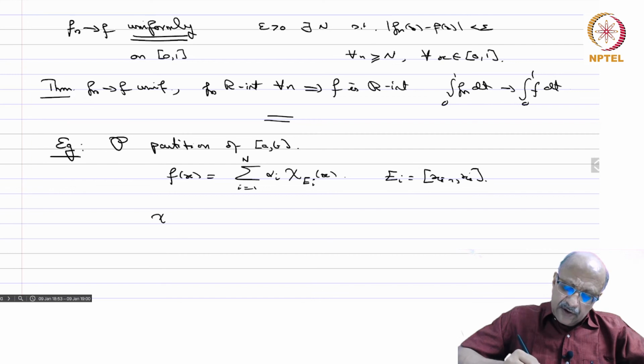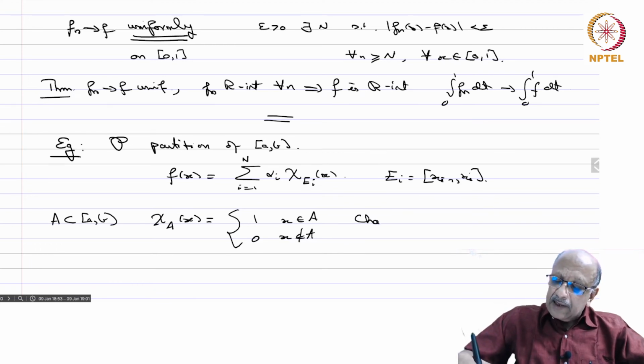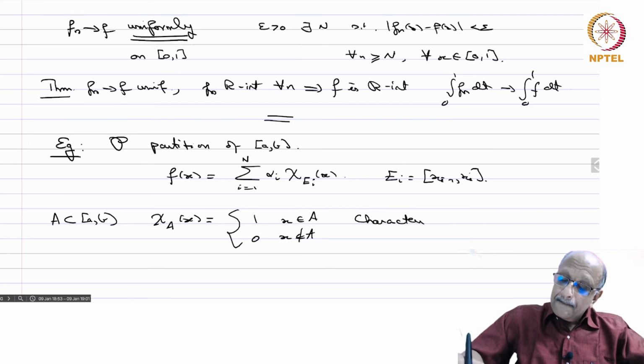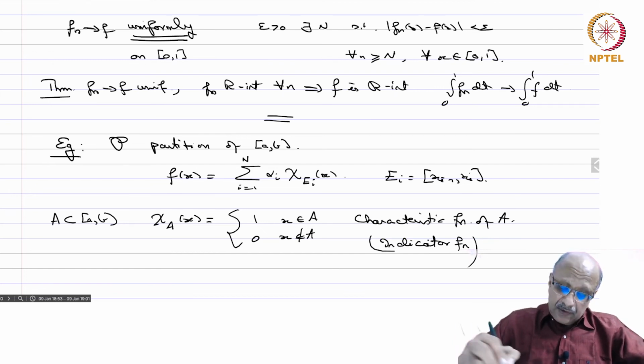So what is chi of A? If A is any subset contained in [a,b], chi_A(x), the characteristic function, is equal to 1 if x belongs to A and 0 if x does not belong to A. This is called the characteristic function. It's also called the indicator function of the set A.